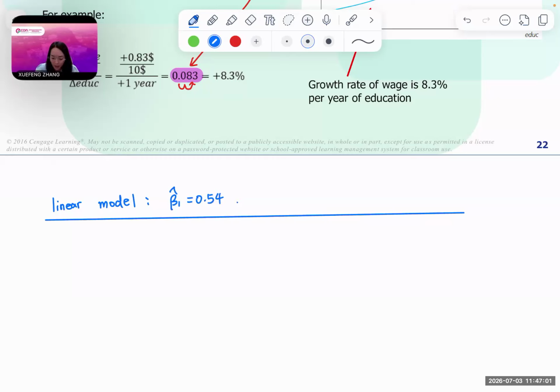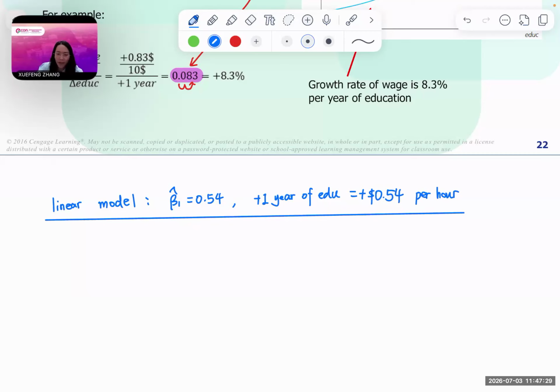And this means if one more year of education, the salary will increase by $0.54 per hour. This is a dollar amount and this is fixed.